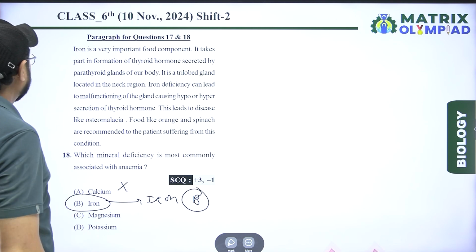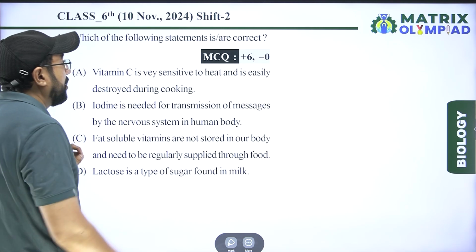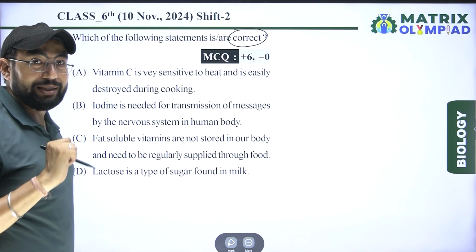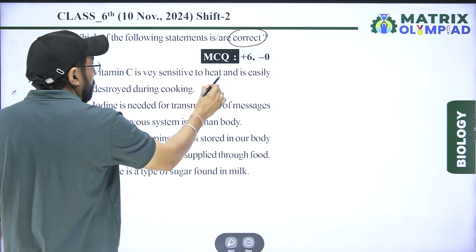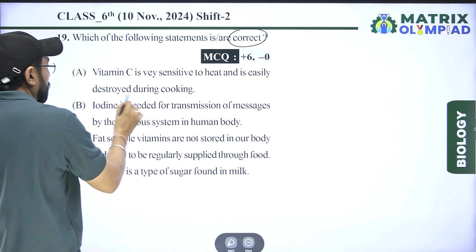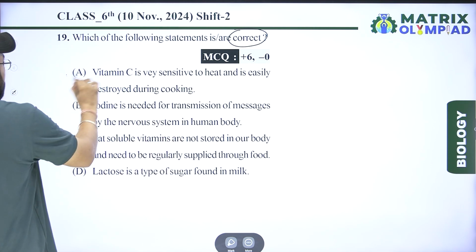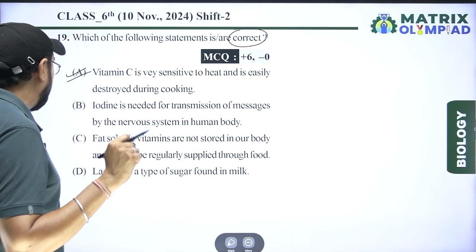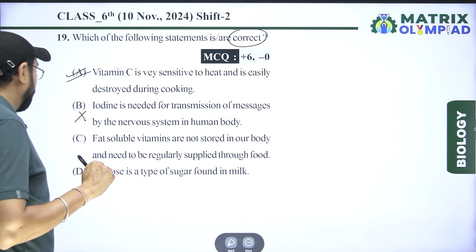Next question is, which of the following statements is correct? Vitamin A is very sensitive to heat and easily destroyed during cooking. That is correct. Next, iodine is needed for transmission of messages by the nerve system. No, calcium is related.